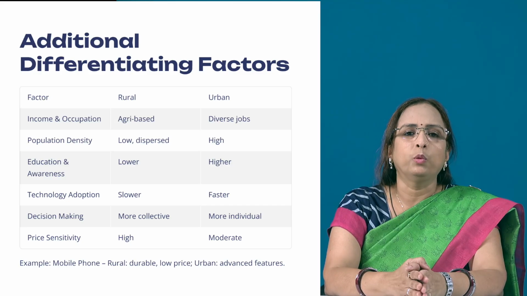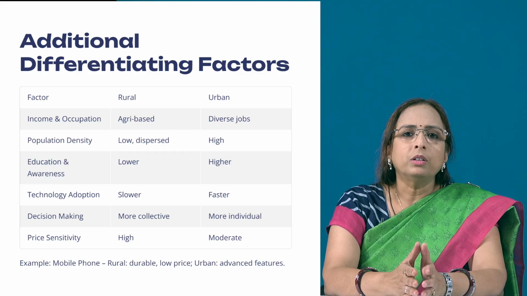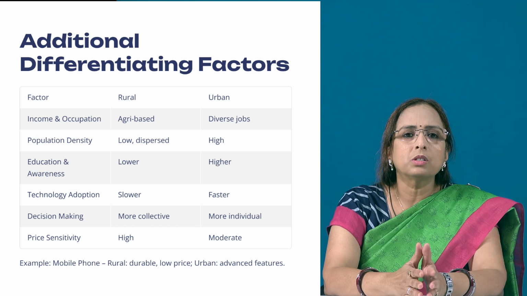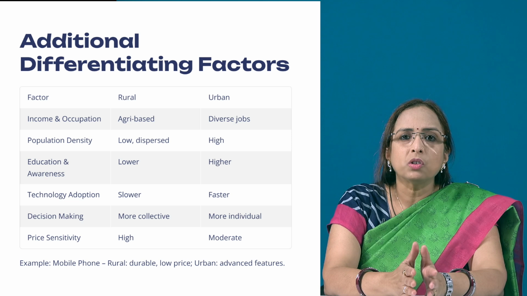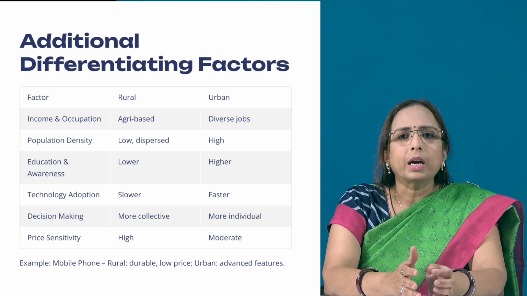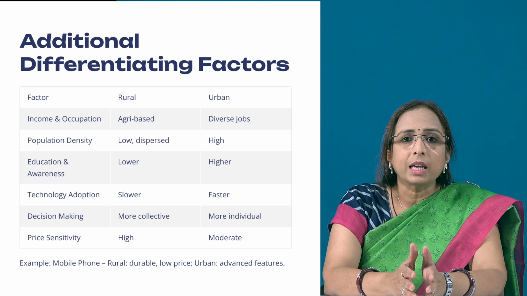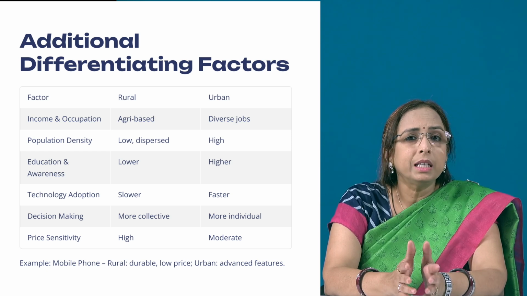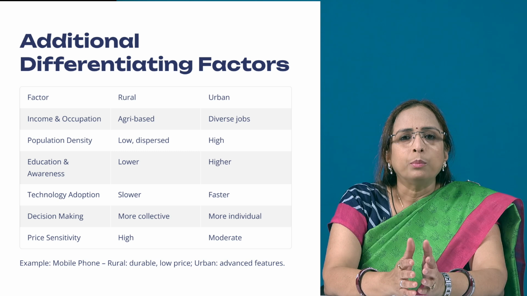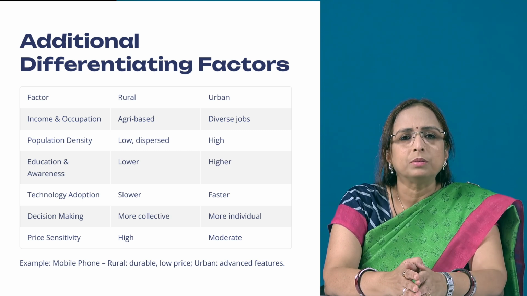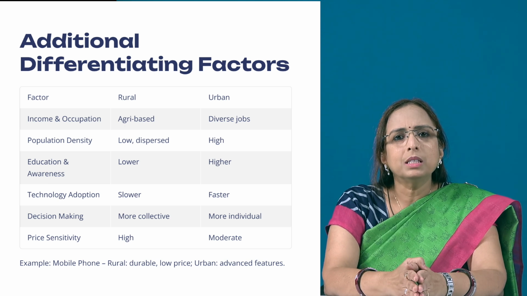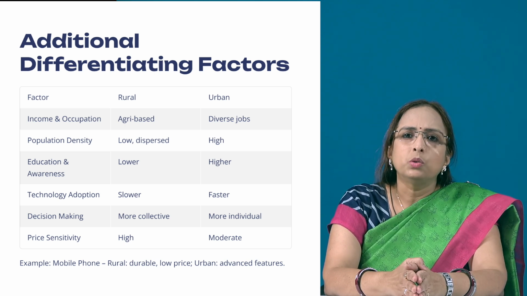Well, let me help you with my opinion that for a rural consumer, they might focus on durability, a long lasting battery, ease of use, and a lower price point, while for an urban consumer, they might emphasize advanced features, sleek design, and brand image with perhaps a higher price being acceptable. Don't you agree with this? What is your opinion? Do give it a serious thought.